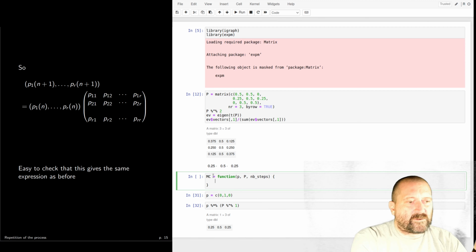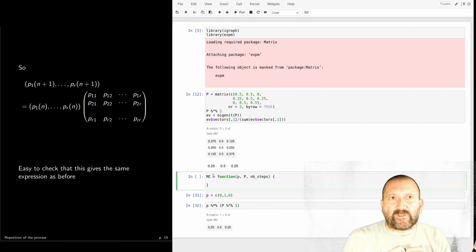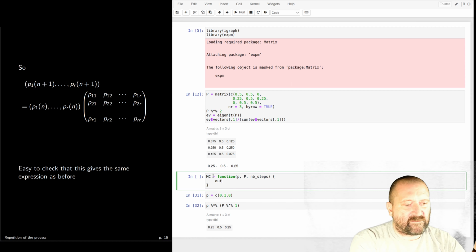Okay, what do I want to do? First of all, what is my return going to be? It's going to be the state of the system at time t. I'm going to assume that time 0 is when I start. So I am going to make, let's call it out. And in out, what do I need to put? Well, I just need to put p.